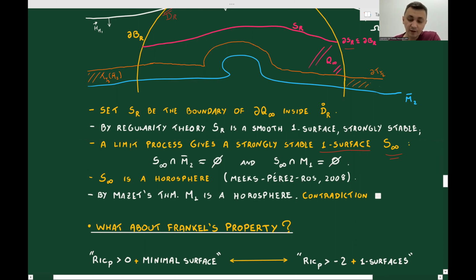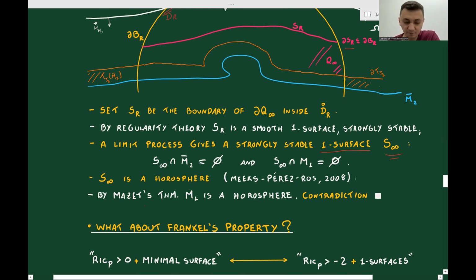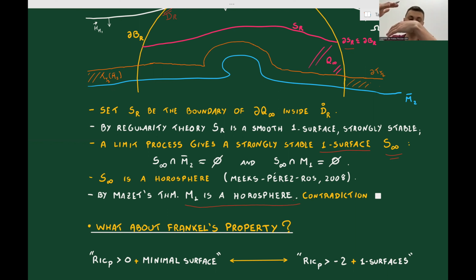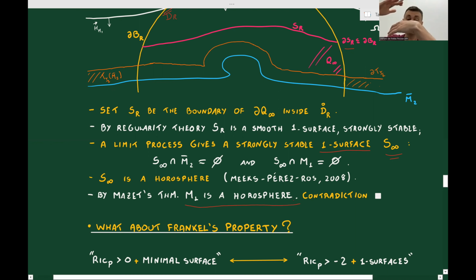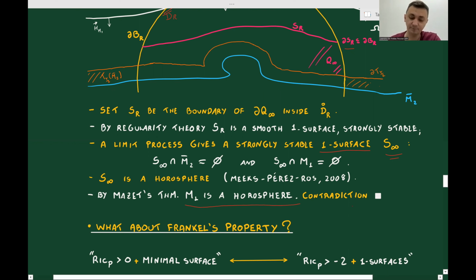Since it is a one surface, strongly stable and complete, it is totally umbilical, and again it is a horosphere. But by Mazet's result, M1 must be a horosphere, because this horosphere would be in the mean convex region of M1, and since M1 is proper, Mazet's result says that M1 must be a horosphere, but that is a contradiction again. So this is just a little idea of the proof.